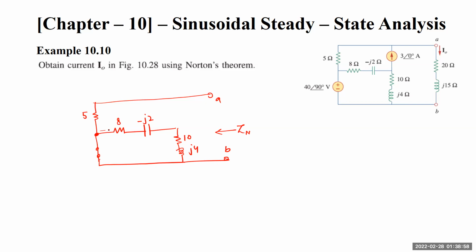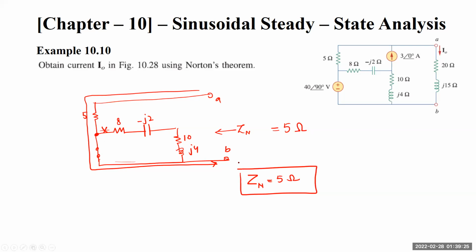It can go over here and it can go over here, but this is a short circuit path, so no current will be flowing over there. So the overall current path will be this. My Z Norton will be equivalent to a resistance of 5 ohms only. So we have calculated Z Norton is equal to 5 ohms.